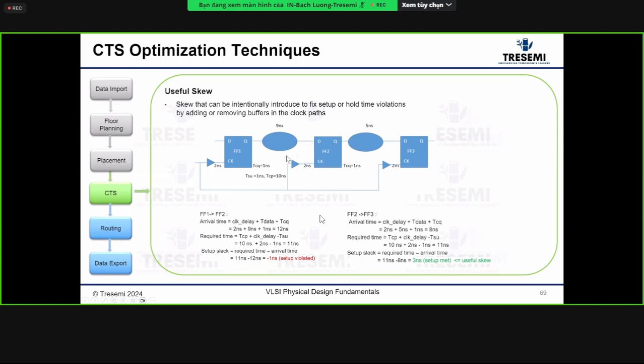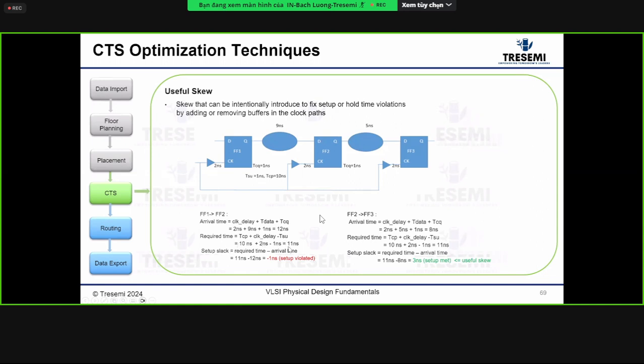Okay, so the data arrival time at this flop is 12 nanoseconds. Now what is the required time? The required time is clock period plus clock delay minus setup time. So period is 10, the clock delay here is 2 nanoseconds, so 10 plus 2 is 12, minus setup time.